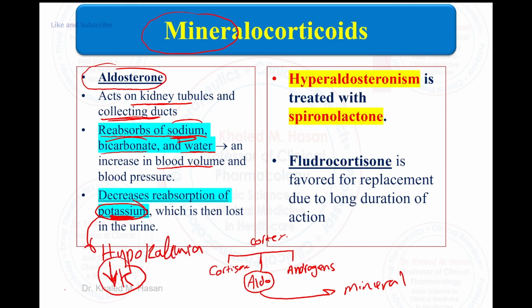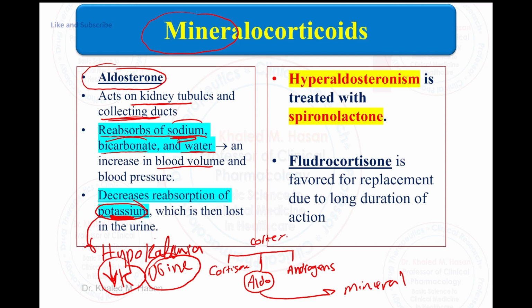This is the main action of aldosterone: it retains sodium, water, and bicarbonate, and decreases reabsorption and enhances excretion of potassium in the urine.